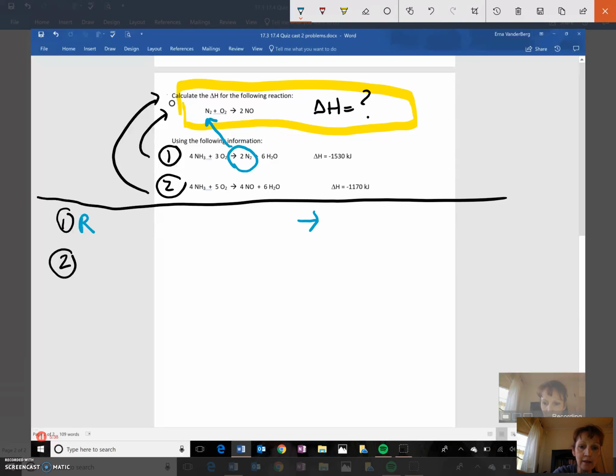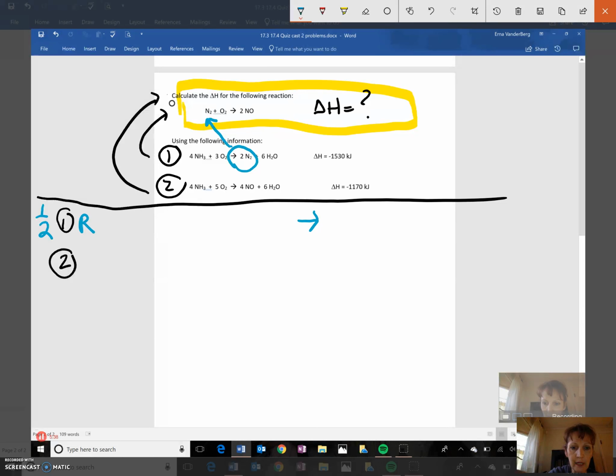And that's not all. We also need to divide that reaction by 2 or multiply it by 1/2 so that the N2 is on the opposite side and there's only 1 mole of N2. So here we go. We'll take it one step at a time.